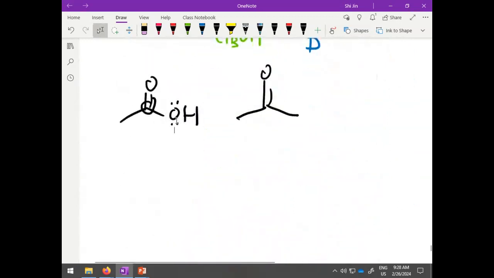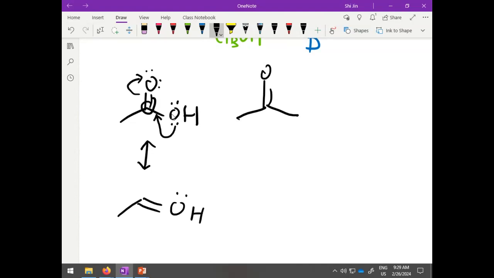Okay, so when you have a carboxylic acid, you have the oxygen lone pair. You will be able to write this resonance form. In this resonance form, the oxygen lone pair is donated into the carbonyl group. So if you look at this resonance form, now the positive charge is on what?